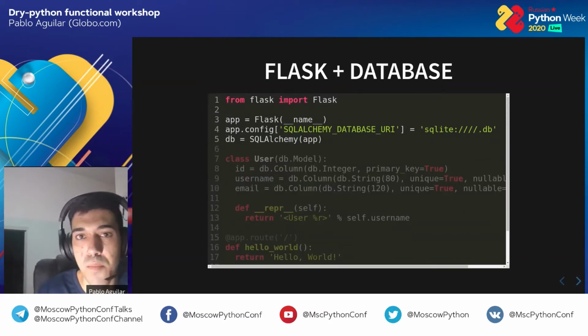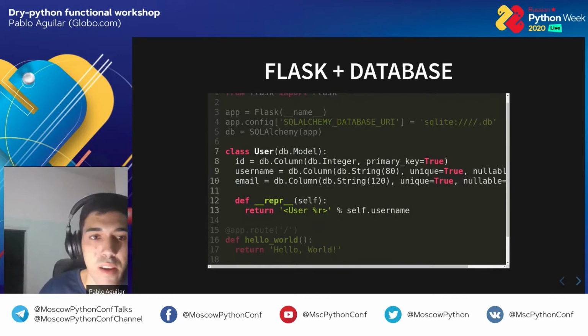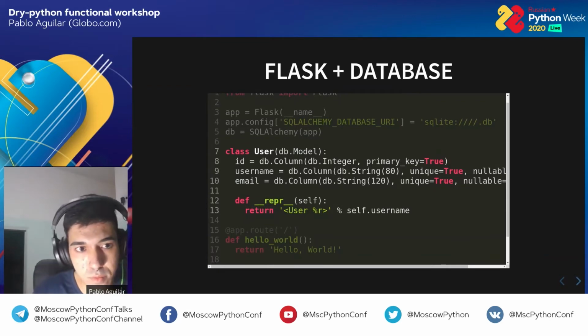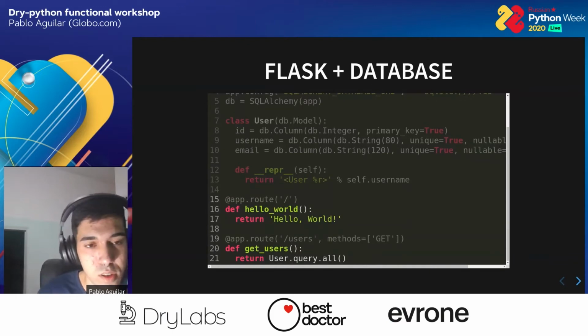The application setup, where I'm instantiating the Flask application, instantiating the Flask SQLAlchemy, and everything else. I have my database model here, and my application route. So now we have one more route here, /users, that queries the database and returns the users we have.